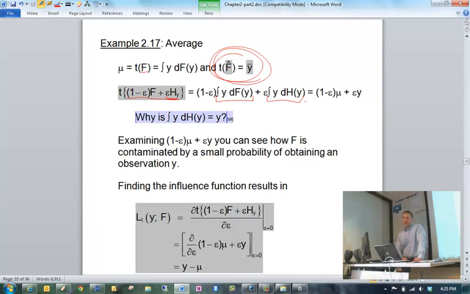So essentially what we're doing is putting the 1 minus epsilon of F in for F. That 1 minus epsilon is just a constant, so it comes out of the integral. Same thing happens with the epsilon.